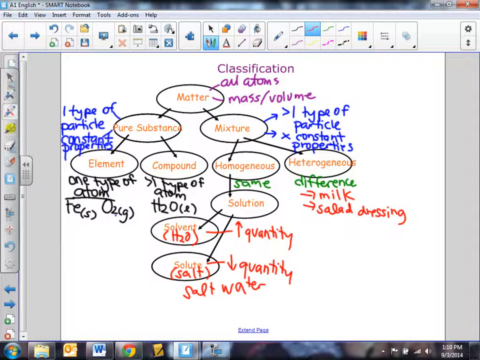And I would challenge you to not look at homogenized milk that you buy at the store, but to look at actual milk that comes out of a cow. There are very definitely two parts to milk, the cream part and the liquidy part. When you buy it in the store, it's undergone a process to mush that all together and make it look as though it is one. Does anyone have any questions about what matter is or how I could divide it up into subcategories?